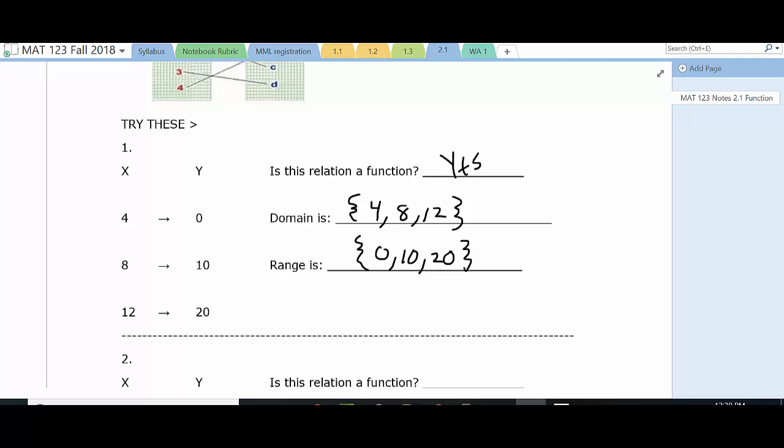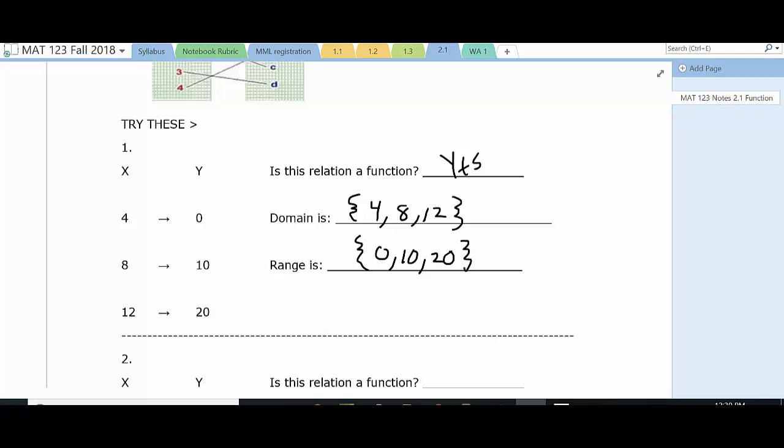That'll get us through the rough idea of what functions are. You don't have to show any work on these, it's just stuff you do in your head. You'll see that one goes one place. That's good. That goes one place. That goes one place.